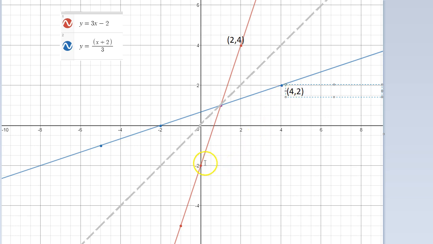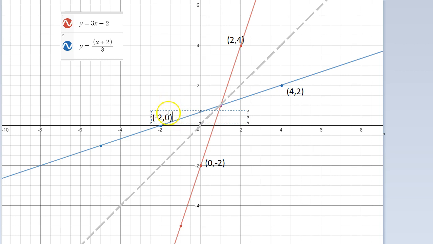Secondly, if we go back to the red line, y equals 3x minus 2, it has a y-intercept of (0, -2). And the line in blue, its inverse function, y equals (x plus 2) over 3, has an x-intercept of (-2, 0).